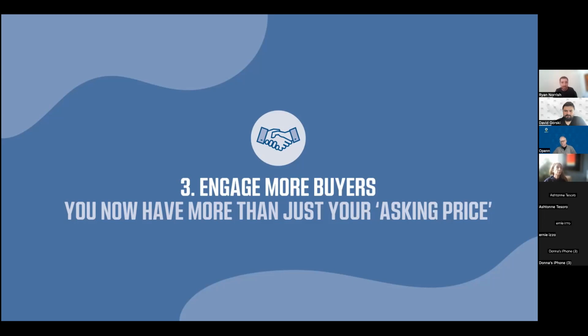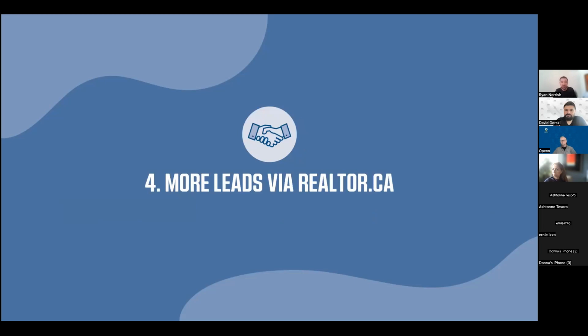So yes, our asking price is $1 million. The highest offer we've had is actually $900,000. So do you see any value north of that sort of money? Again, it enables you to have another figure to work with as far as trying to engage and attract offers. More leads via Realtor.ca.